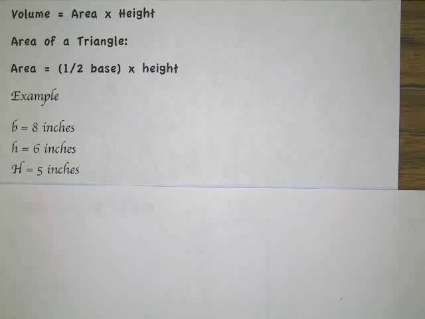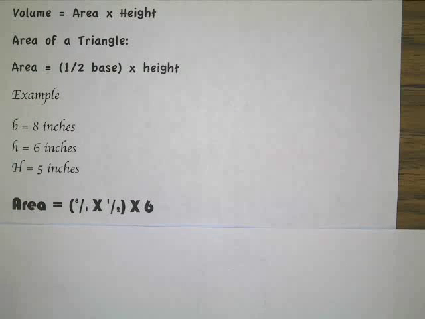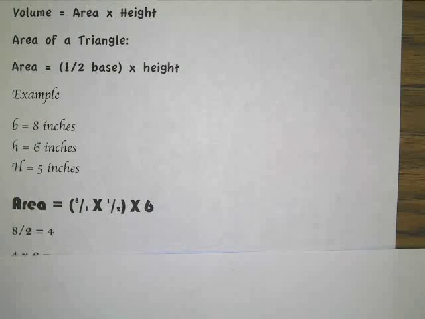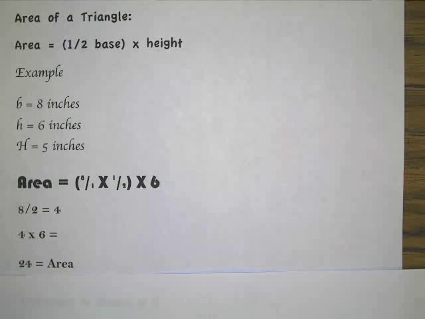Which is what, Haley? 6 times 4. 24. So we have 8 over 1 times 1/2, which is equal to 8 over 2, which we know is equal to 4. 4 times 6, area then is 24, right?